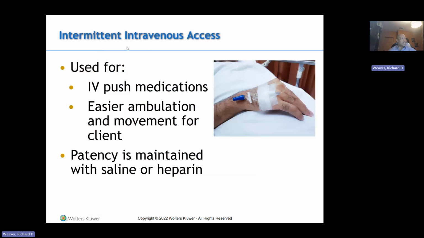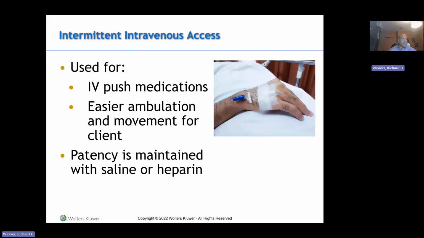So now up here, you see where it says intermittent intravenous access. You see this device here. This is what we typically would call an INT, right? And basically, we use it intermittently. As you can see, there's no IV tubing connected to this. So for example, if a patient needs an IV antibiotic every 4 hours, then we would access it, use the usual tubing to administer the IV antibiotic, and then disconnect it and flush it.